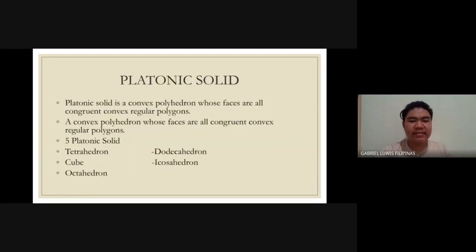A Platonic solid is a convex polyhedron whose faces are all congruent convex regular polygons. There are 5 Platonic solids: the tetrahedron, the cube, the octahedron, the dodecahedron, and the icosahedron.